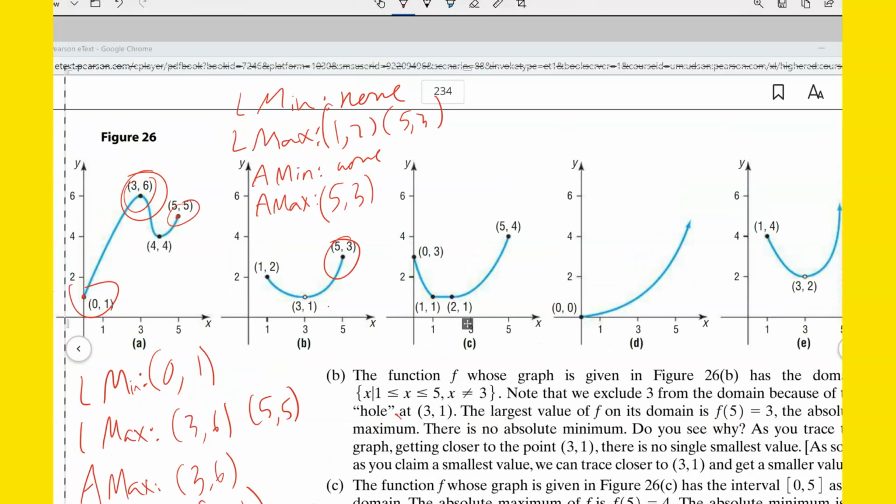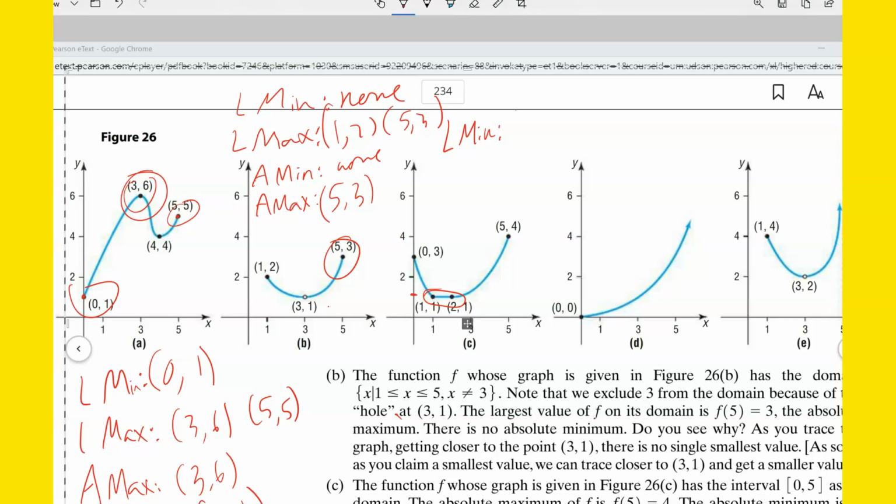Okay, part C. We have a local minimum. Where? We have a local minimum actually all throughout there. So our local minimum value is this value, which is 1 on the y-axis.